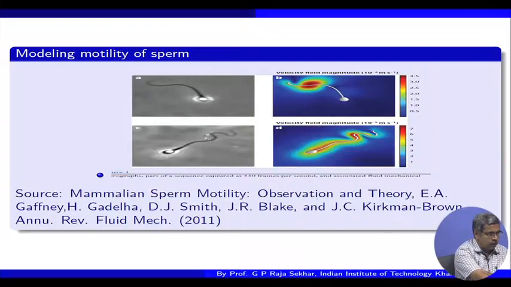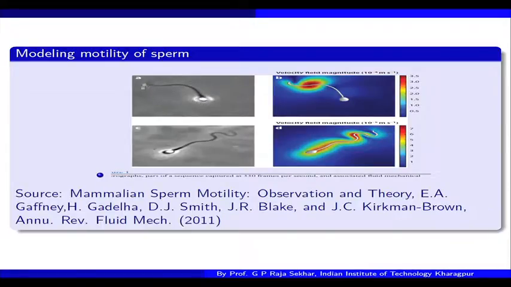These experiments are in collaboration with the medical community. This is a medical person. You see the sperms have a head and then long tails, hence the aspect ratio is very nasty. If you use any traditional numerical method, you will not get good accuracy.